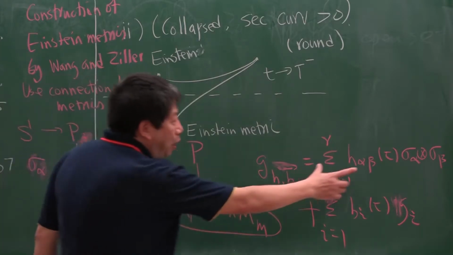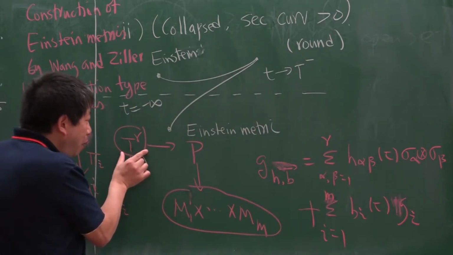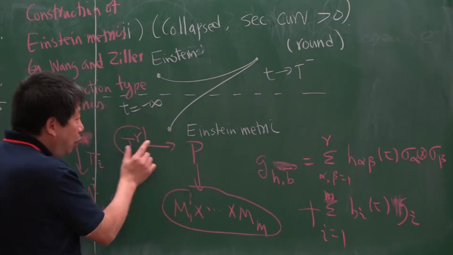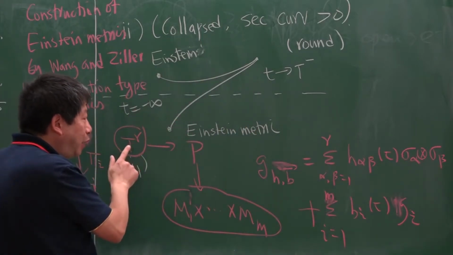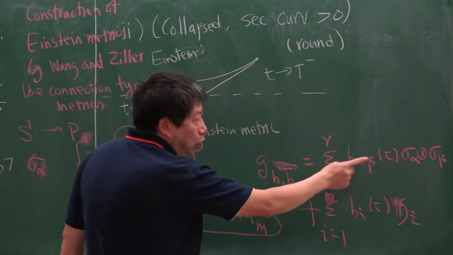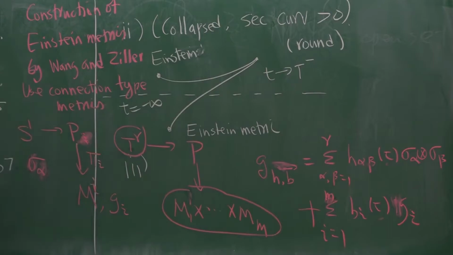So h alpha beta of tau is basically a matrix here. This is a matrix in the fiber direction. Then you times some functions of tau only. This is a function of tau only. So there's no dependence on space variables. That's why we get ODE.